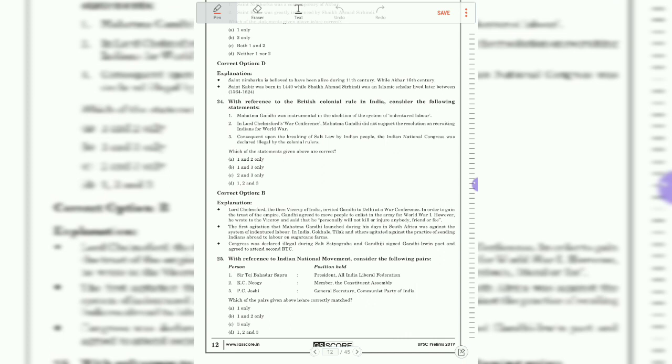Again this question, suppose PC Joshi, because the Communist Party of India is in the news, and it's written in the Spectrum book, also in Bipan Chandra's book, NCERT, so 2 is eliminated, because 3 is correct.